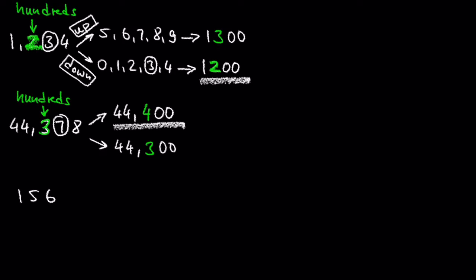Again, first locate the tens place, which is 5. And then look at the neighbor to the right of the digit 5, which is 6. 6 is greater than 4, so we round up and we get 160. Because the 5 gets a 6, and the 6 from 156 gets a 0.